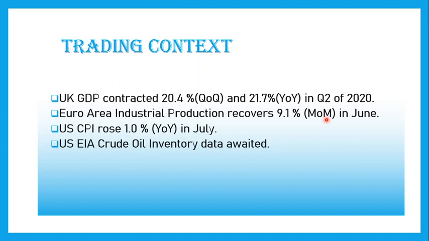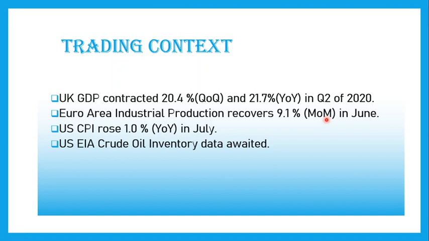If you consider the trading context for the day, the GDP data which we got for the United Kingdom is showing that the United Kingdom has suffered the worst contraction in the industrialized world, and these readings for the second quarter of 2020 are testimony to that fact.